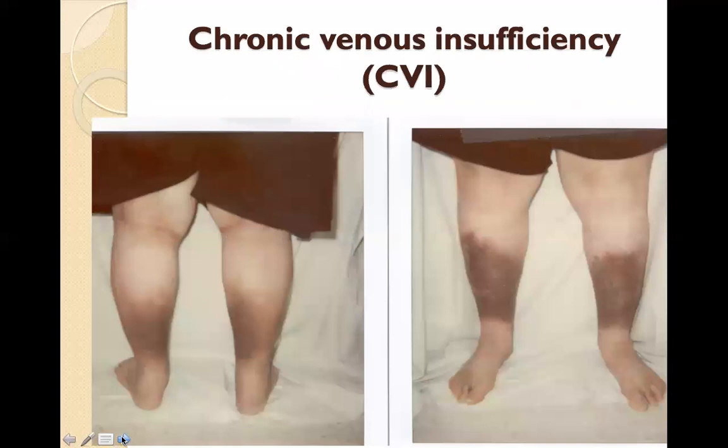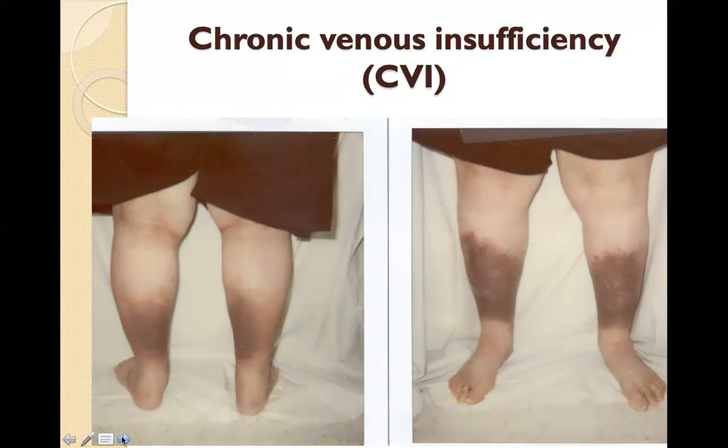Chronic venous insufficiency, I mentioned earlier, as being due to valvular failure in the veins. This typically is not a medical emergency, although certainly the doctor needs to be aware of it. This brown staining on the legs is due to hemosiderin, which is the extravasation of some iron molecules and breakdown in the skin as that blood is forced from the vascular tissues out into the extracellular spaces.